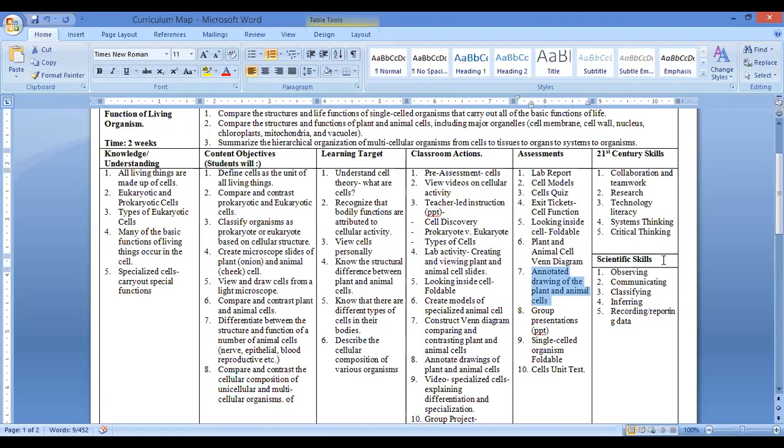Now, to close out this session, I do want to talk about the importance of that social emotional learning component. Even though it's not depicted in this curriculum map, we bear in mind that students are working in groups for that project, and students will also be working in groups for that lab activity.